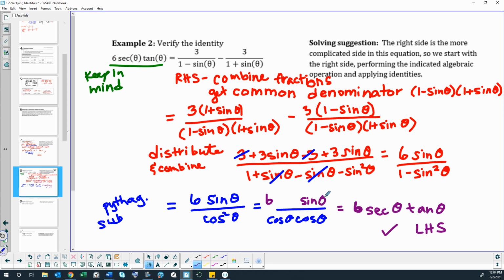This part right here is our tangent, right? And we could do 6 times 1 times sine. So that part right there is our secant. And then the 6 is just multiplying. It just carries along for the ride.